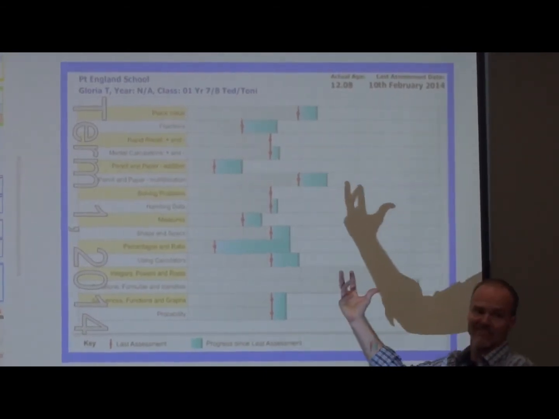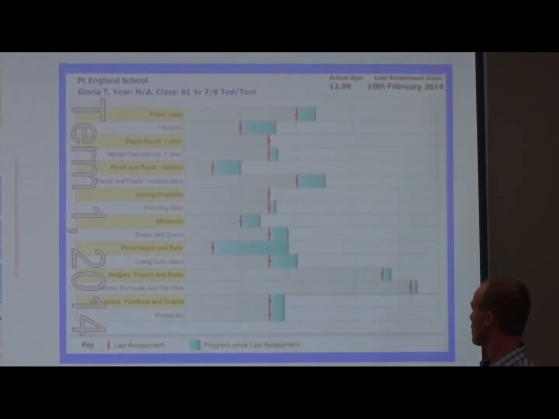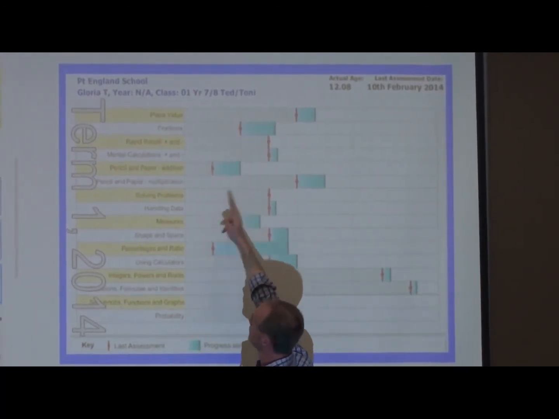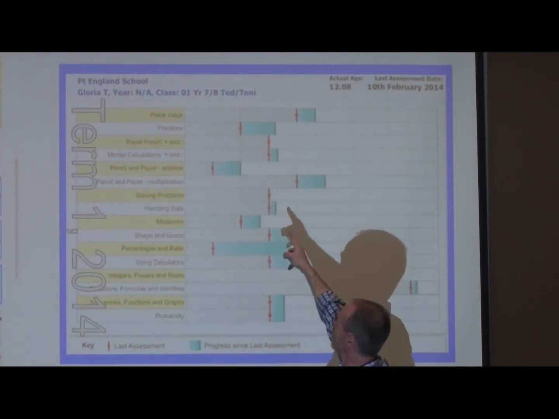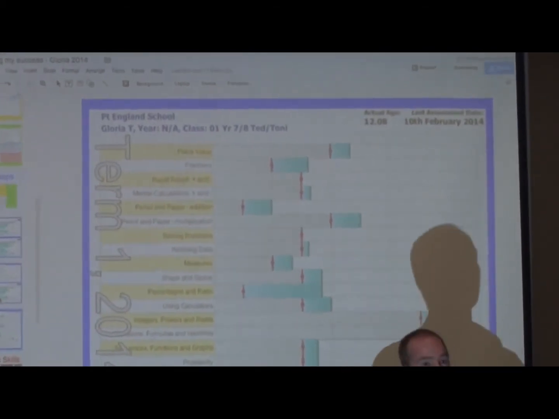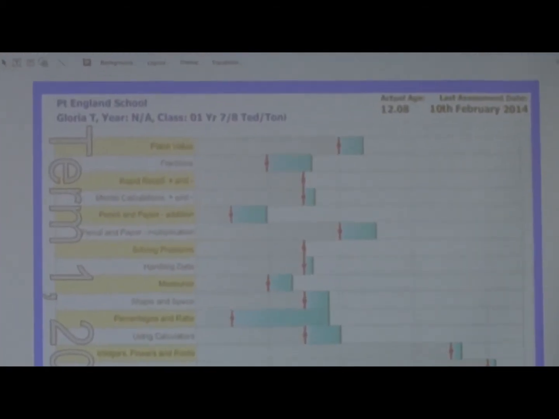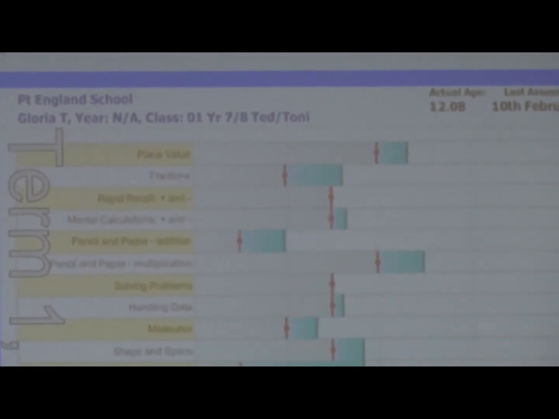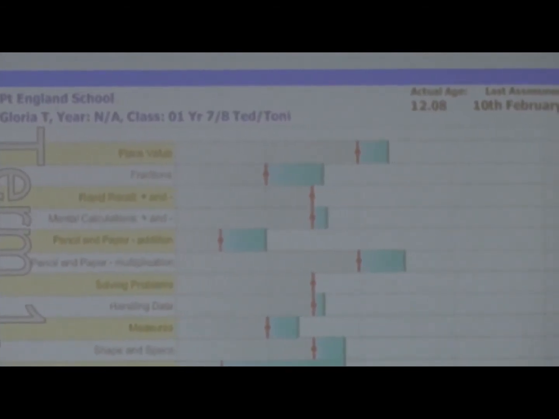If there's not data, I would question using it. At a glance, Gloria can see that in term one, and she's a pretty strong student, out of all the areas in mathematics, paper and pencil addition, meaning you're carrying things over, kind of the old school, she didn't really understand numbers that way.